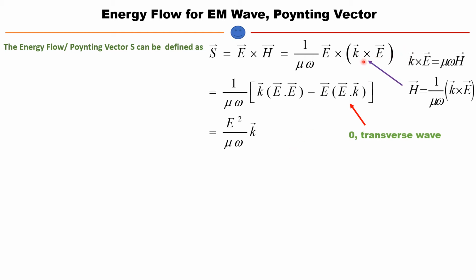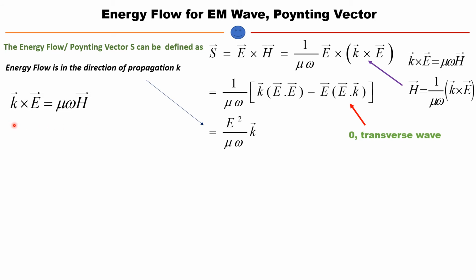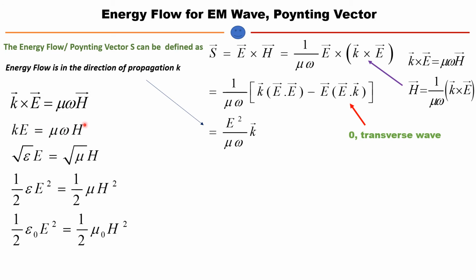We can get this H term from my previous slide. K cross E means mu omega H, and H can be written as that.